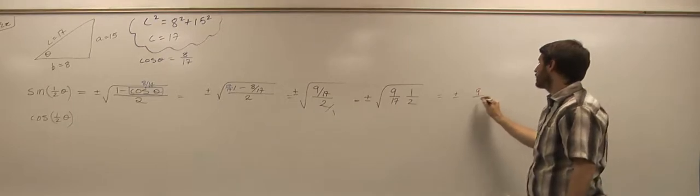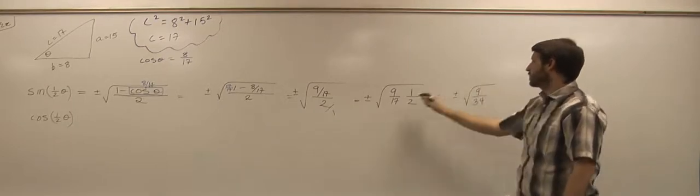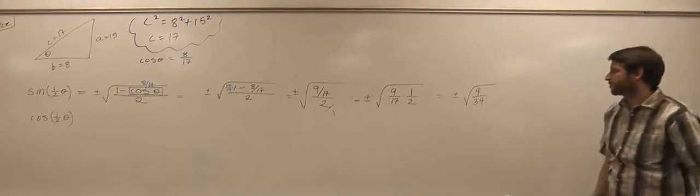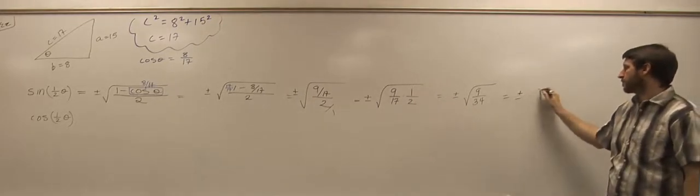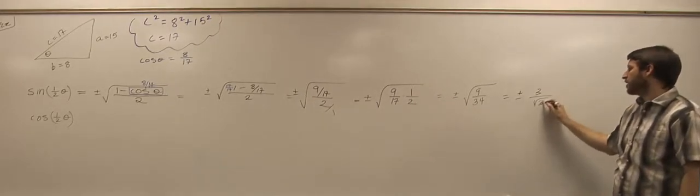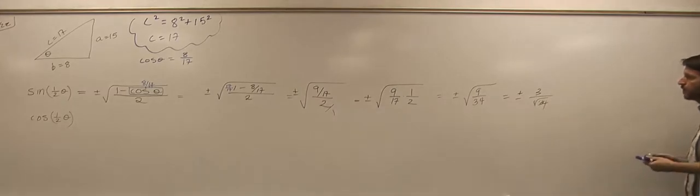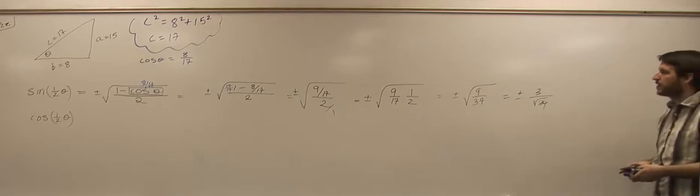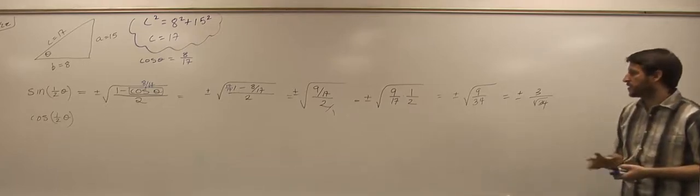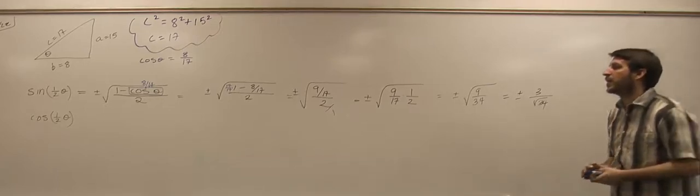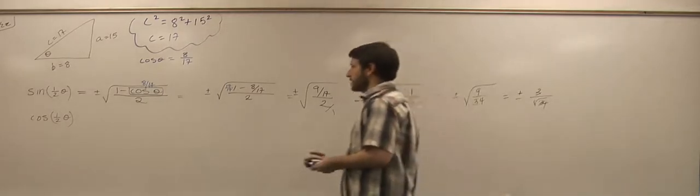So 9 over 34, and you go straight across. And I know the square root of 9. Square root of 9 is 3. But I have, in my old age, become far too lazy to rationalize. So I'm going to leave it almost like this.